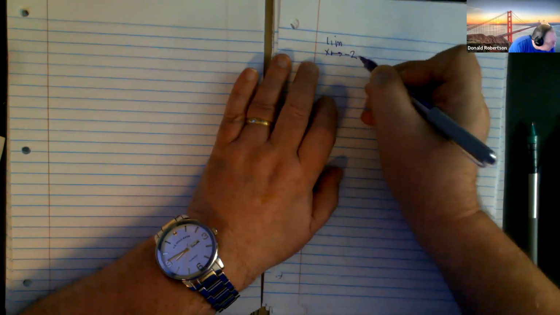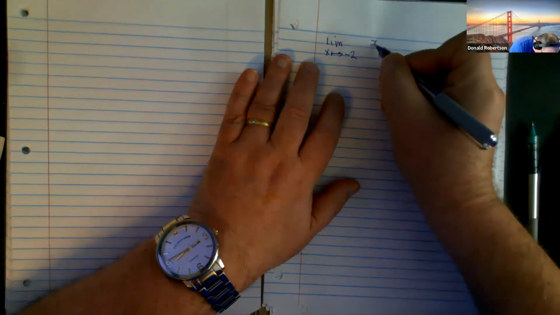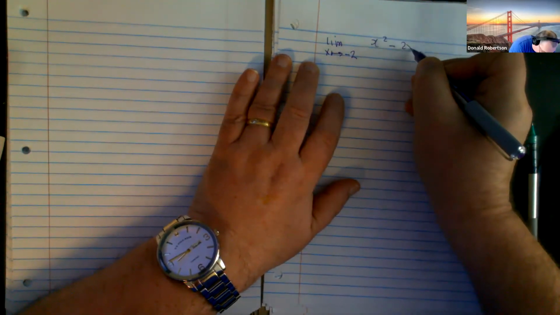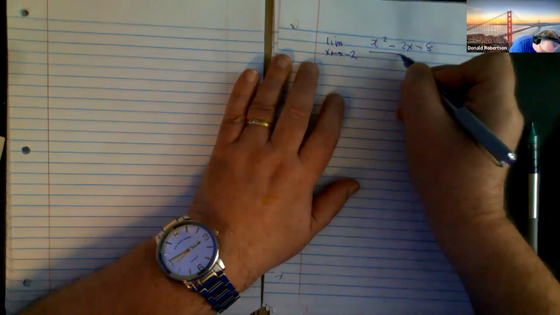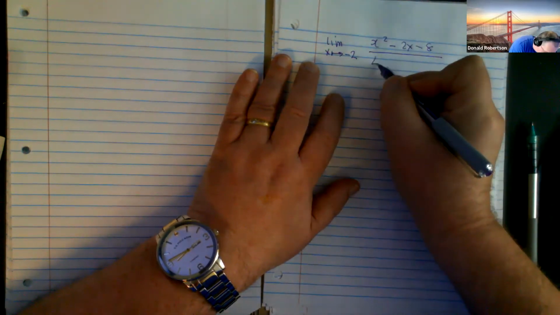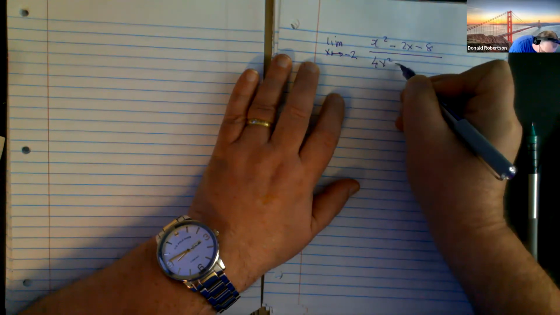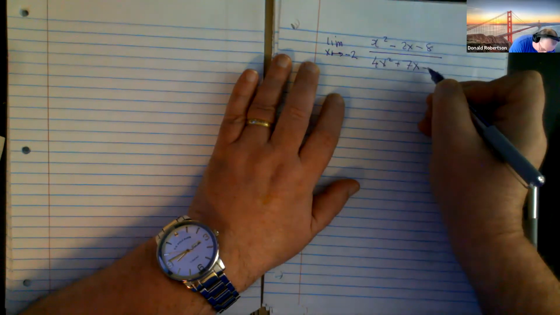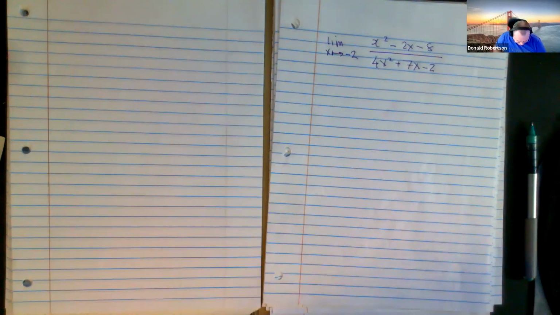For the limit as x tends to -2 of x squared, take away 2x, take away 8, all over 4x squared plus 7x, take away 2. And you have 3 minutes, actually 2 minutes to do it.